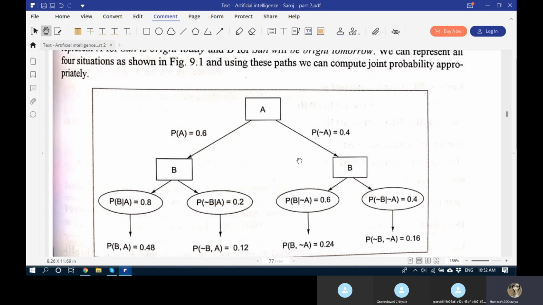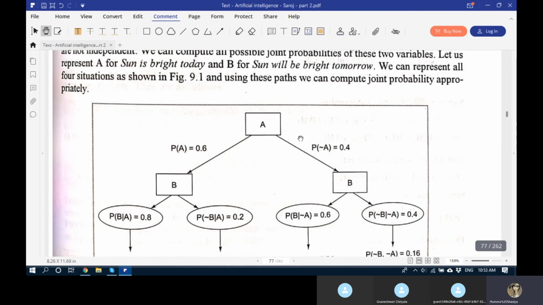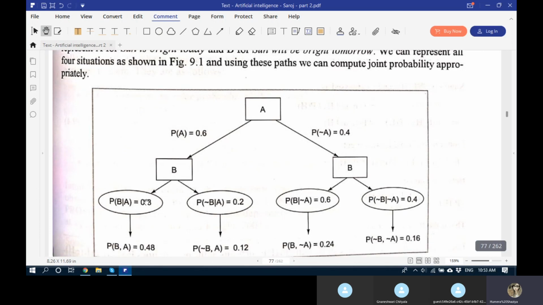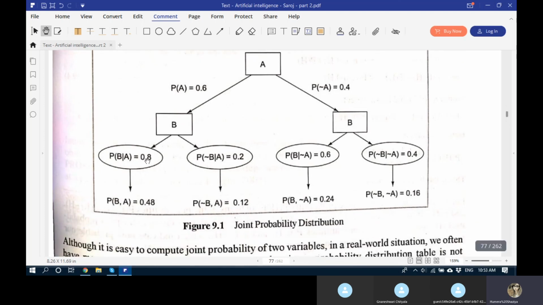P of A, which is sun is bright today, is 0.6, and sun is not bright today is 0.4, and sun will be bright tomorrow is B. For P of B, now you have to find B given A, not B given A, B given not A, and not B given not A. If you put the values, then you will get this.